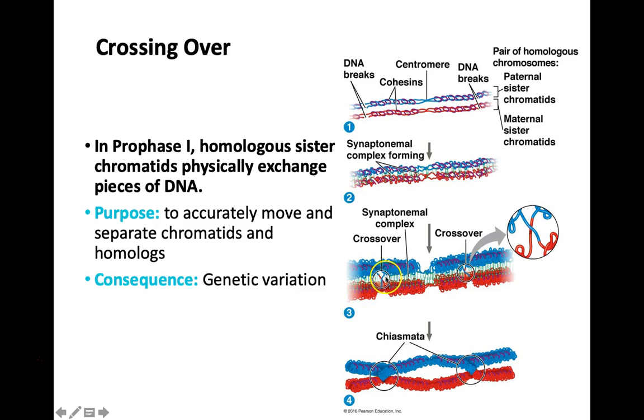And then 2 of the DNA strands between the sister chromatids are actually broken and sort of flip-flopped with the other chromosome. So we can see that over here. We see that this blue chromosome now has a piece of red chromosome on it, and this red chromosome now has a piece of blue. This is called crossing over. And in crossing over, we form these X-like shapes between our 2 sister chromatids.